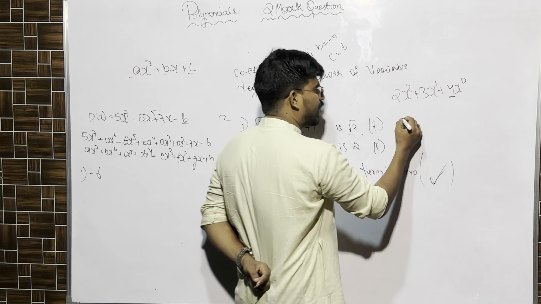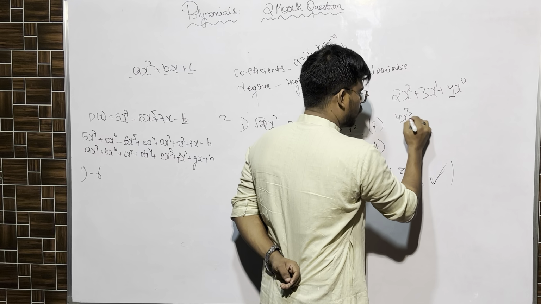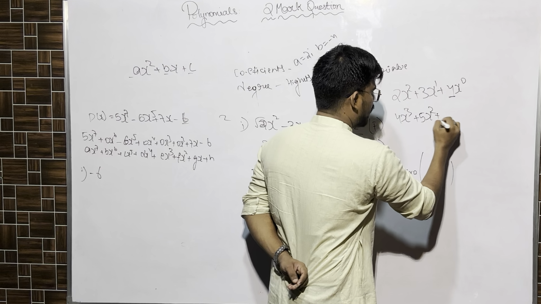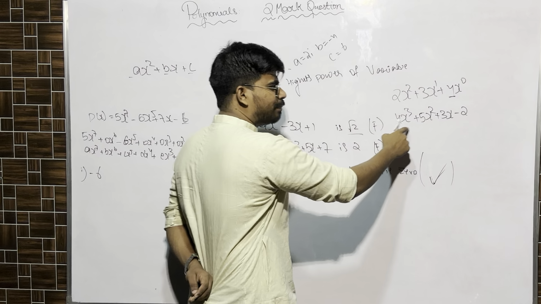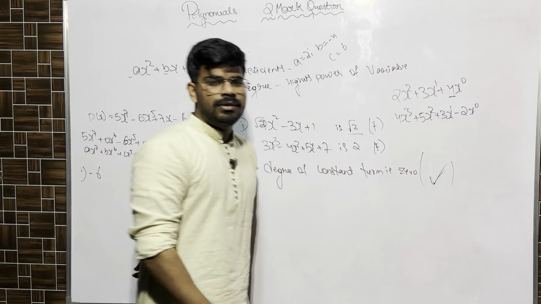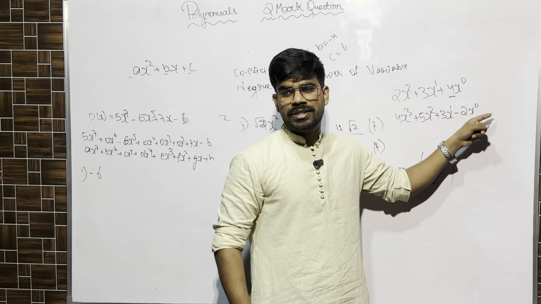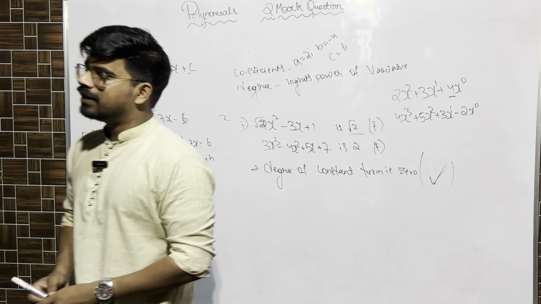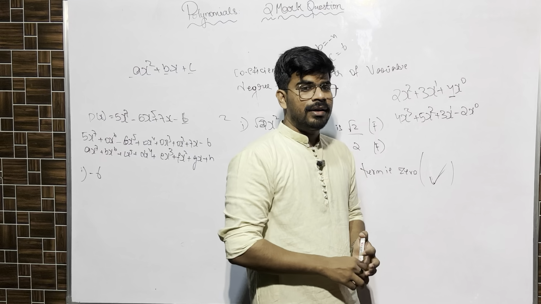That is true. For example, if I take a cubic polynomial, I know you guys did not understand this. 4x cube plus 5x square plus 3x minus 2. Right. Power 3, power 2, power 1, x power 0. Degree of the constant term is? Degree, 0.